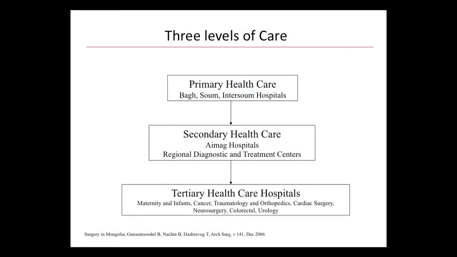And the road is bad, and in this time our patients lose much time. The second level is province hospitals, and we have 5 diagnostic centers and 21 private province hospitals.